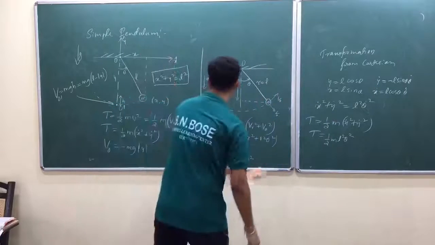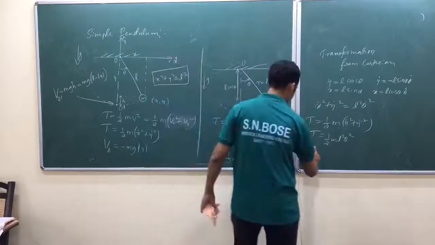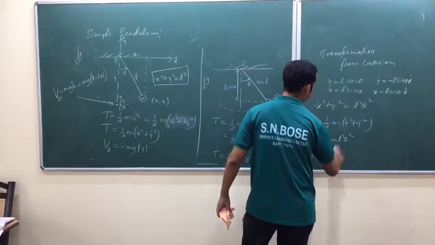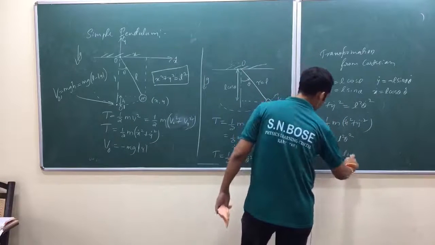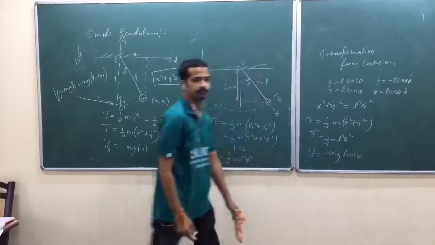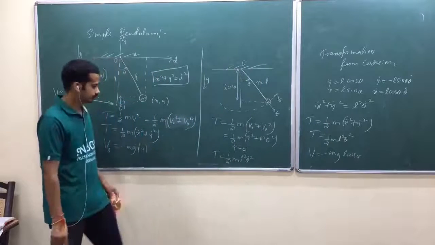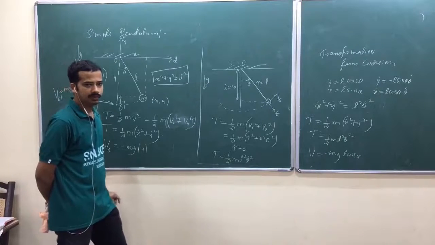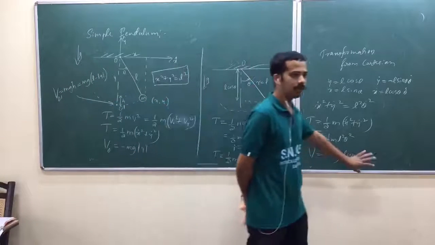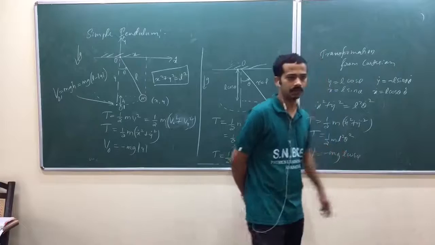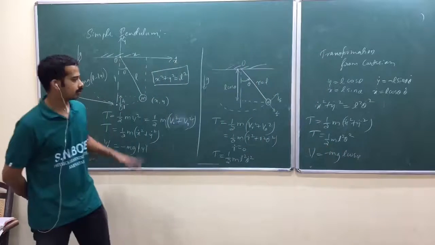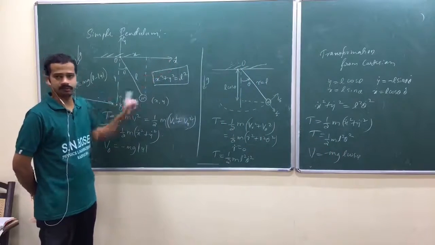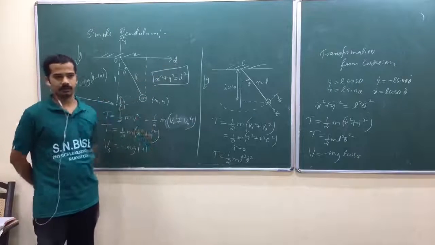And again you can write y in terms of L cos theta. So V is equal to minus mg, what is the mod of y? L cos theta. Actually, this L cos theta will not be negative, okay? And anyhow, theta will be 0 to 90 degrees maximum. Are you getting my point? Theta will be 0 to 90 degrees.